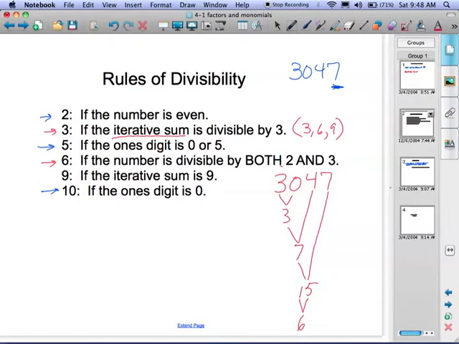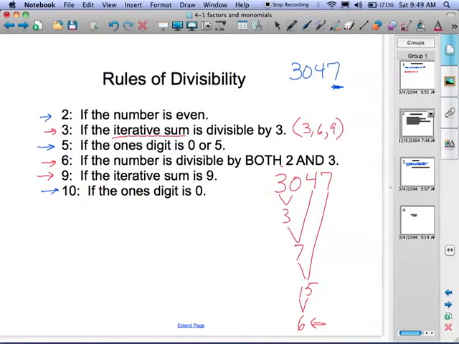And finally, the last rule you're going to look at is the rule for 9. That says the iterative sum is 9. So again, we look at our iterative sum, the math that we did here. We added up the numbers together and we got 6 as the final total, and that is not 9, so therefore the number 3047 is not divisible by 9.